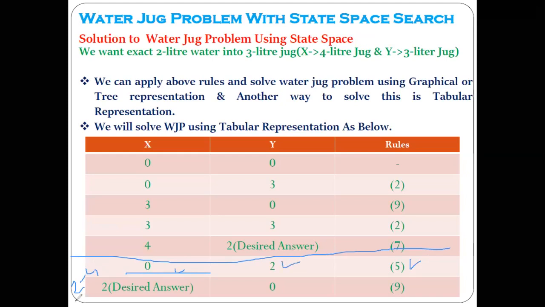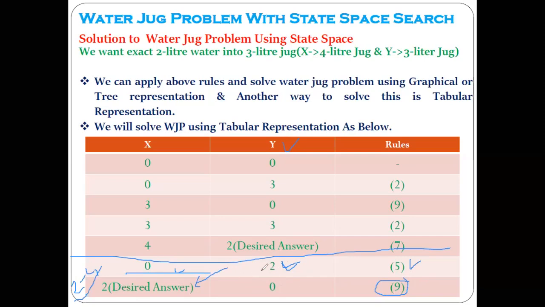Now we want 2 liters of water in the 4 liter jug. Next, what will we do? We pour everything which is available in the y, which is 2, into the x. The rule you want to apply is rule number 9: whatever there is in the y, pour everything into the x.